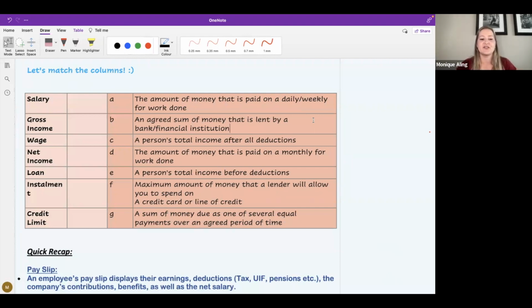You've had a look at the definitions. Who can tell me the definition for salary? Is it A, B, C, D, E, F, or G?